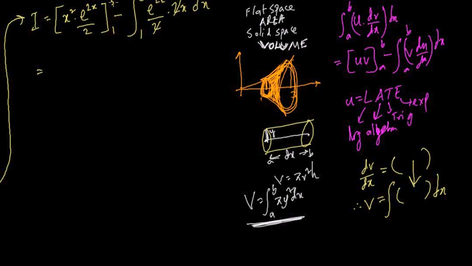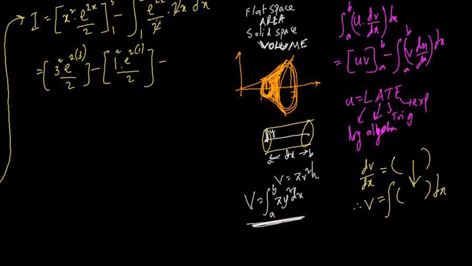If we put the limit, it would be 3 squared e to the power 2 into 3 by 2, minus 1 squared e to the power 2 into 1 by 2. Now what we can write here is integral 1 to 3 of x e to the power 2x dx.